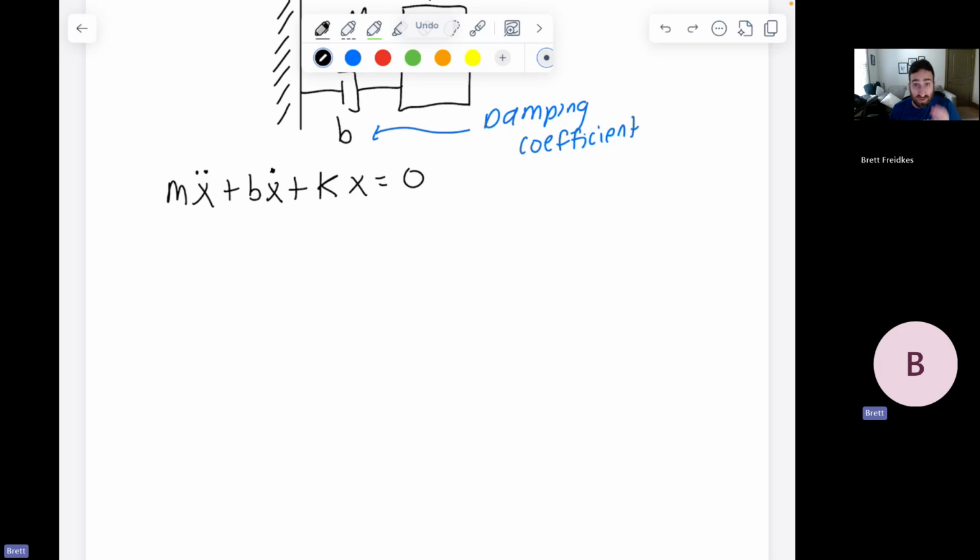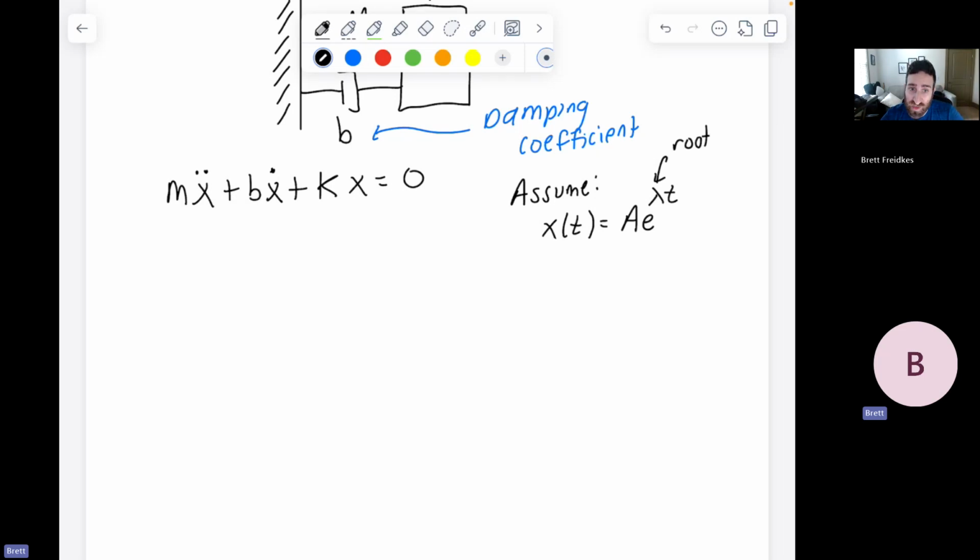So what we would like to do is solve the differential equation. And I'm going to make an assumption that our x of t is some A e to the lambda t, where the lambda is the root to the differential equation.